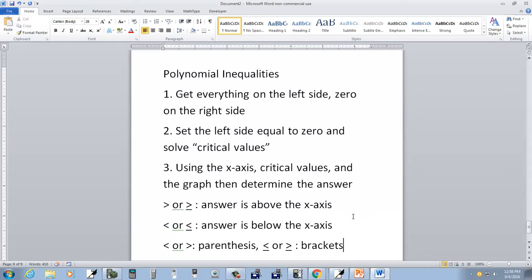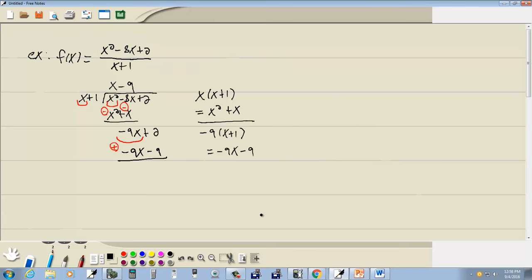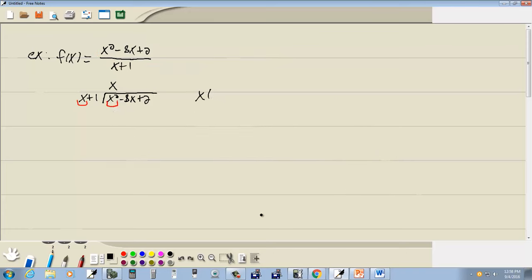Okay, let's take a look at an example of this. So I got x squared, let me make up one, minus 8x plus 15 is less than or equal to 0.